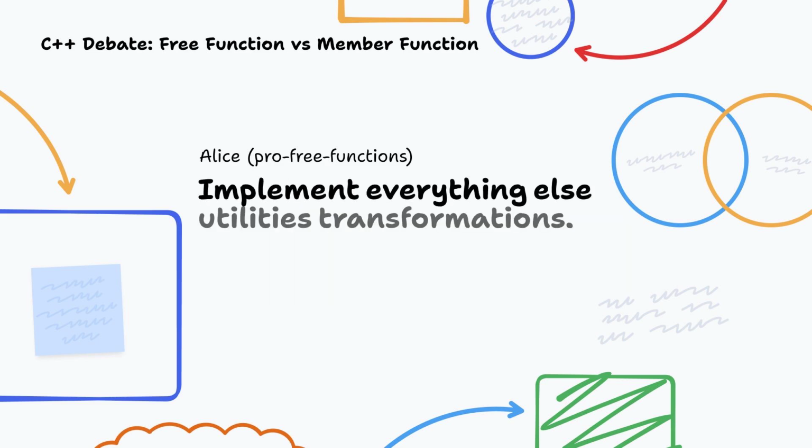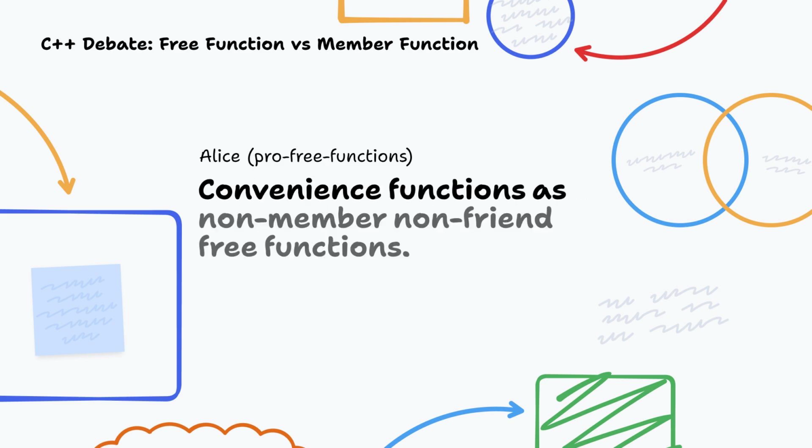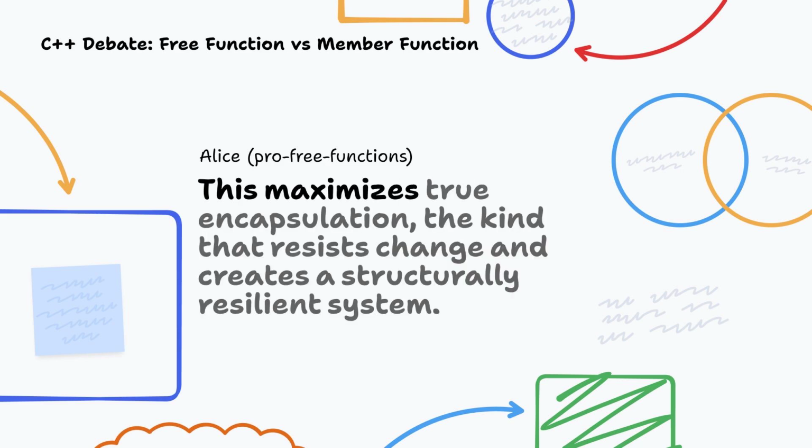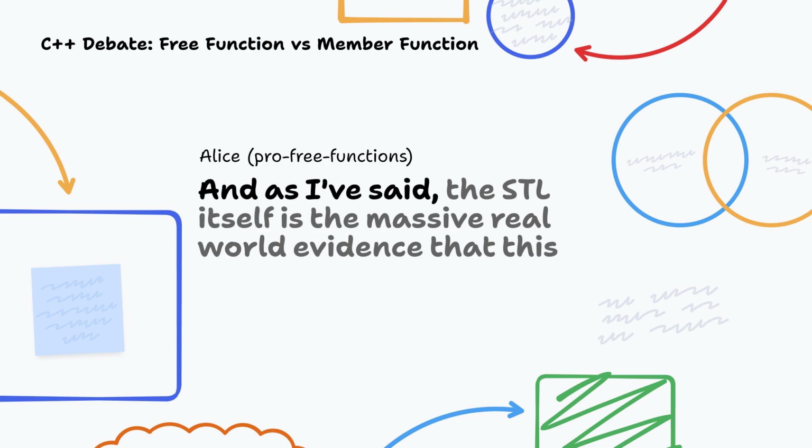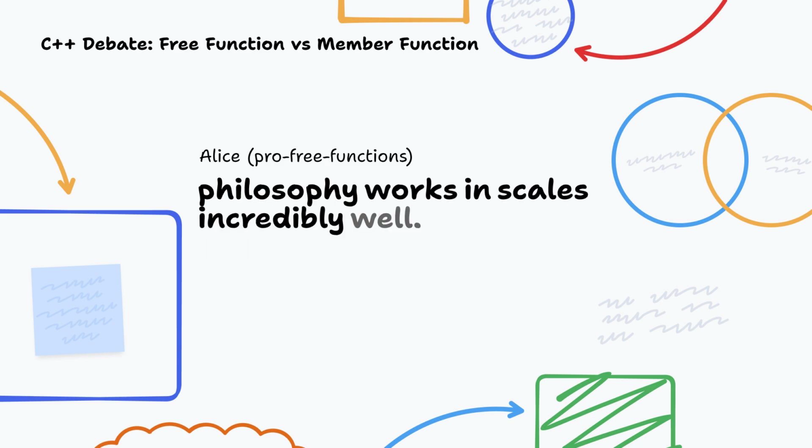Implement everything else, utilities, transformations, convenience functions, as non-member, non-friend free functions. This maximizes true encapsulation, the kind that resists change and creates a structurally resilient system. And, as I've said, the STL itself is the massive real-world evidence that this philosophy works and scales incredibly well.